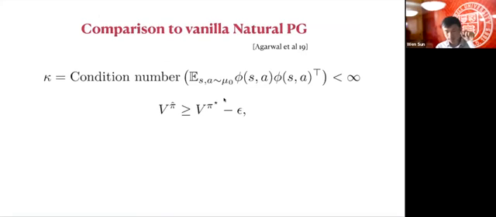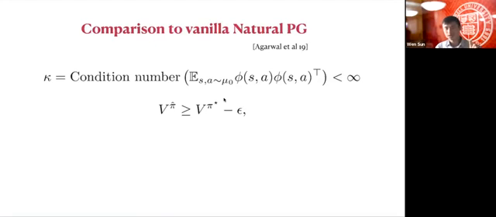Let's look at what the difference is between this new policy gradient approach and the vanilla natural policy gradient. To make sure vanilla natural policy gradient succeeds, we really need to revisit the initial state distribution. Remember, we said that for vanilla policy gradient to succeed, you need to make sure that the initial state distribution is wide. In this linear case, wide basically means that the covariance matrix of the initial state-action distribution needs to have a reasonably good condition number.